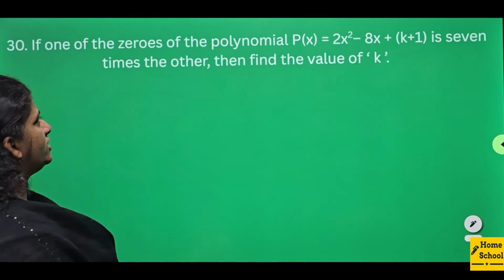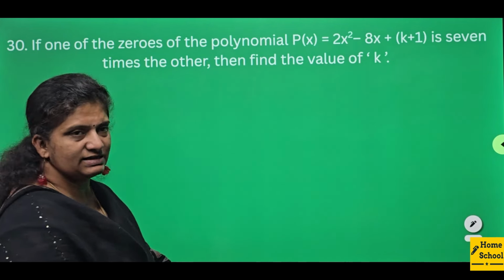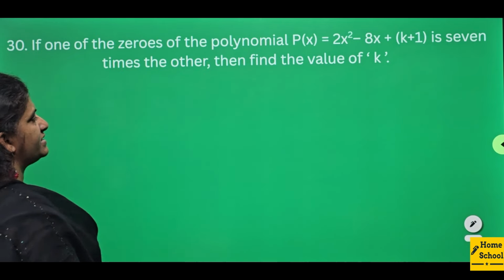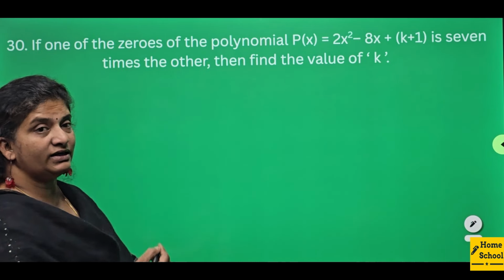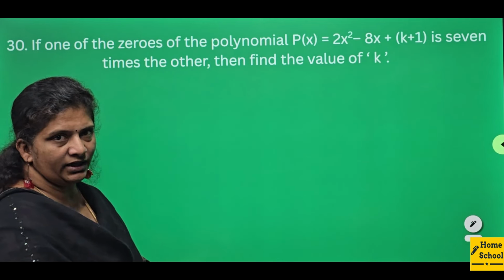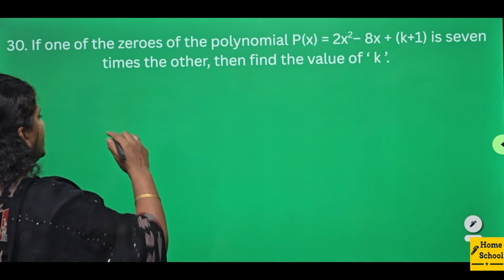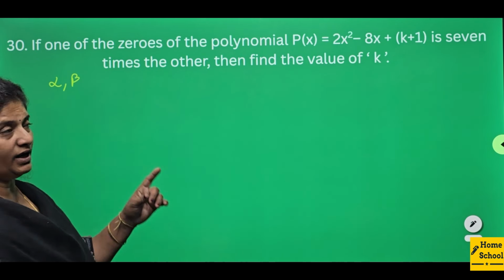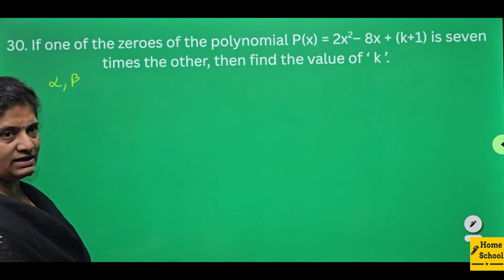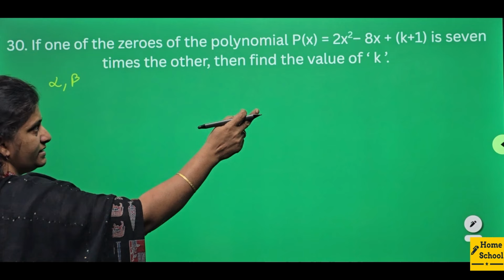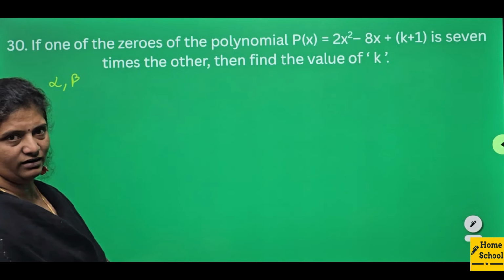30. If one of the zeros of the polynomial p of x is equal to 2x square minus 8x plus k plus 1 is 7 times the other. Okay, this is a quadratic polynomial. The two zeros, let the two zeros be alpha and beta. But the condition is something else. What is that? If one of the zeros is 7 times the other.